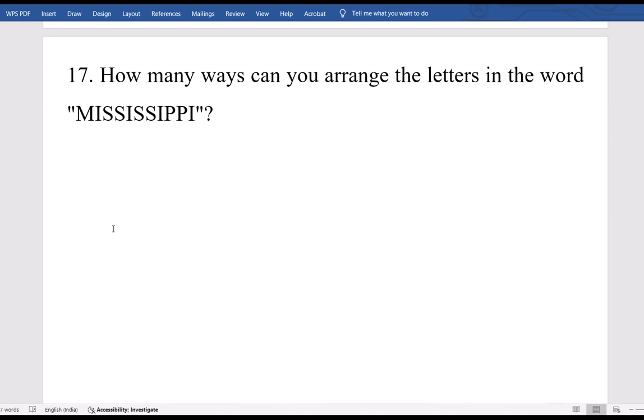How many letters are there? 11, so 11 factorial divided by 4 factorial because 4 i's are repeated, again 4 factorial because 4 s's are available, 2 factorial because 2 p's are available, and 1 m.